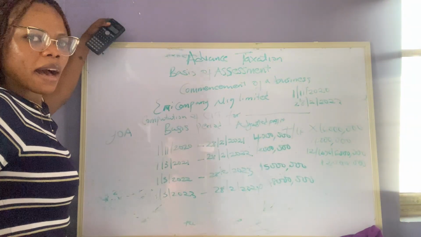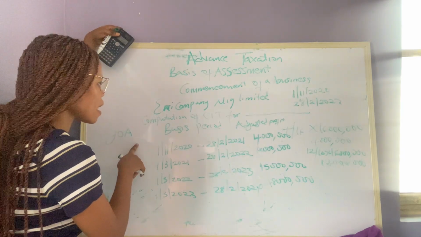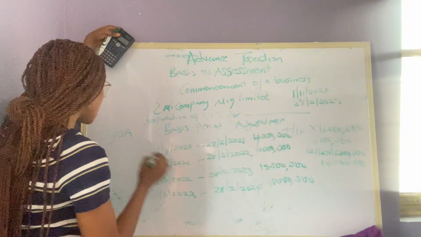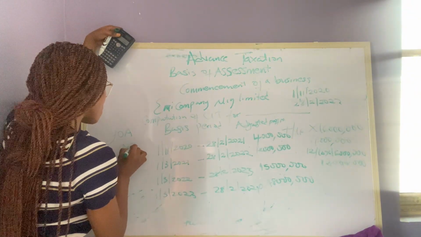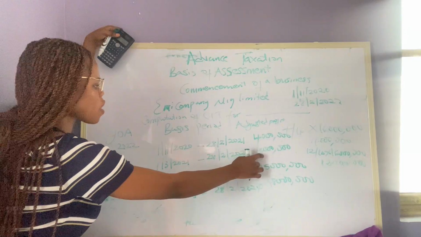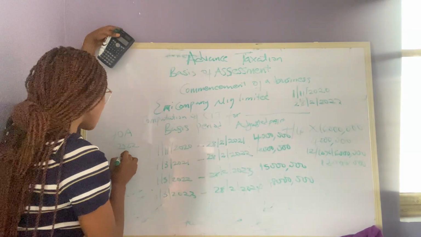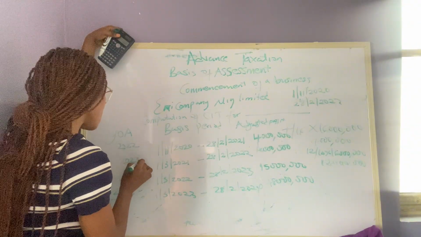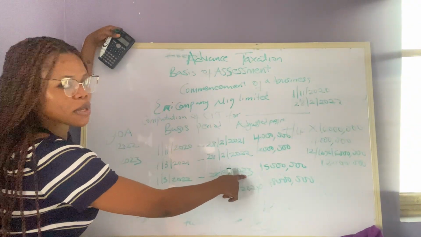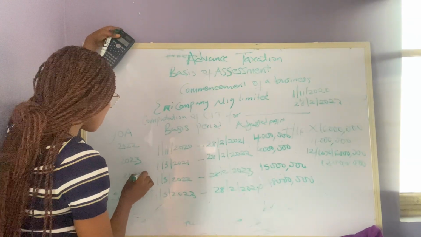Right. So now our YOA, which is the years of assessment. Since this one is 2021, this profit of 4 million is going to be subjected to tax in year 2022. This profit of 12 million, which is in 2022, is going to be subjected to tax in year 2023. Then this profit of 15 million, which is in year 2023, is going to be subjected to tax in year 2024.